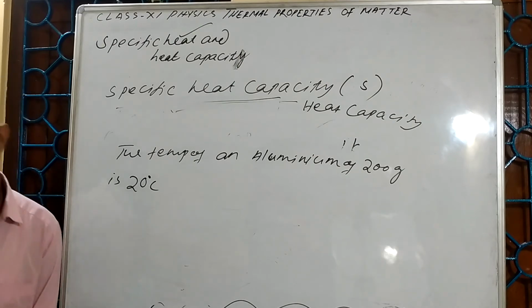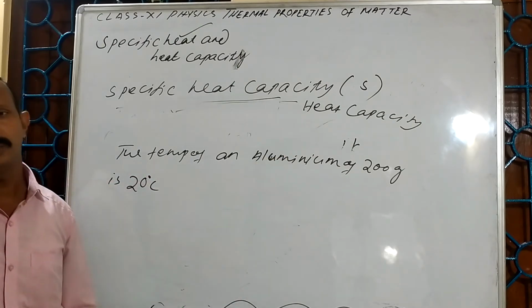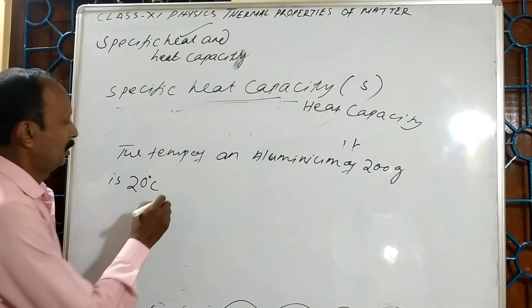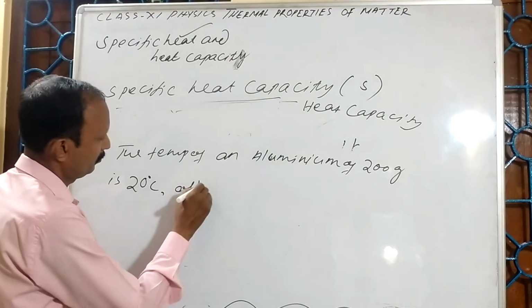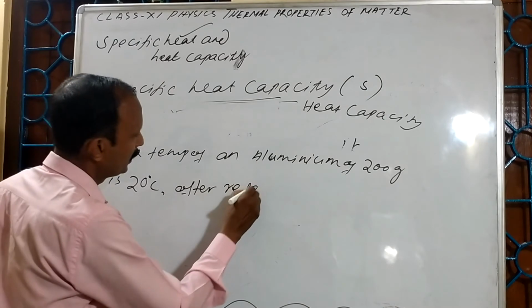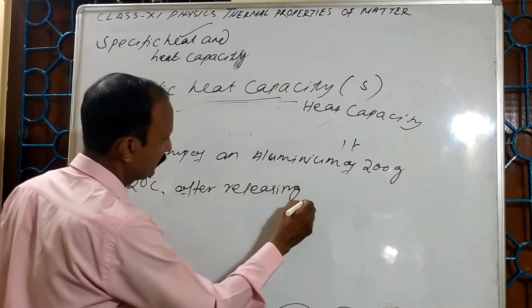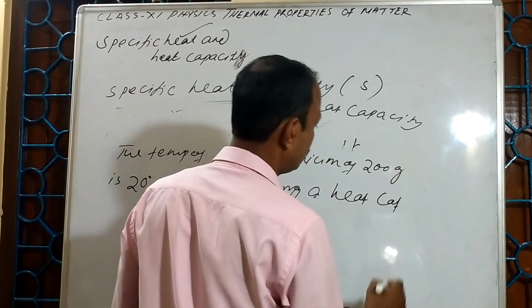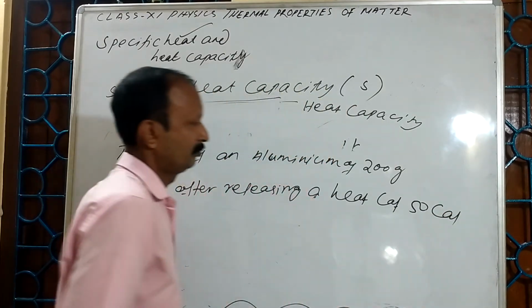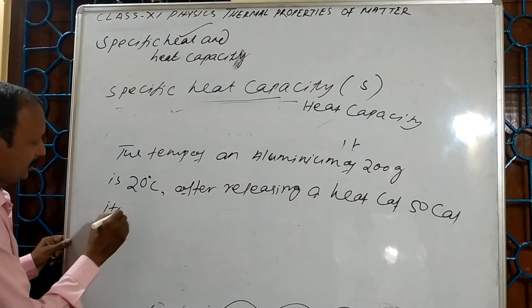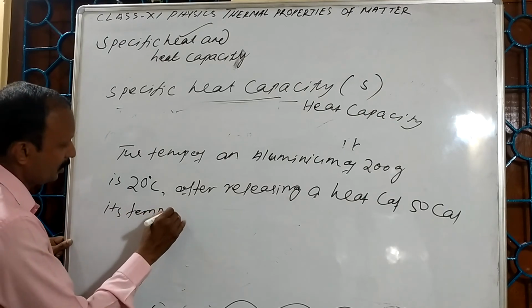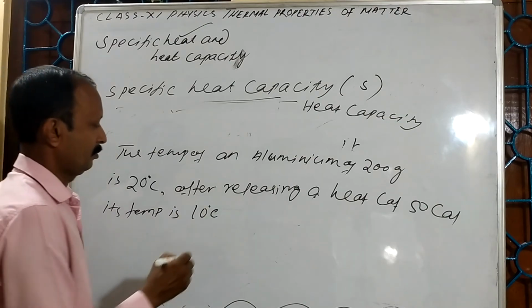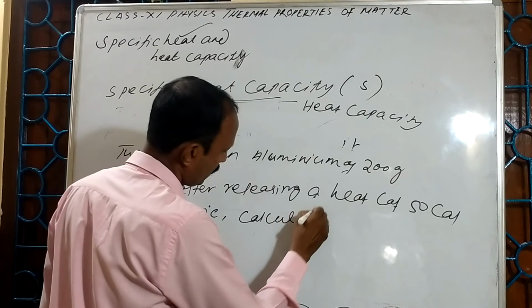The temperature of aluminium of mass given 200 gram is 20 degree. After releasing a heat of 50 calorie, its temperature is 10 degrees Celsius.